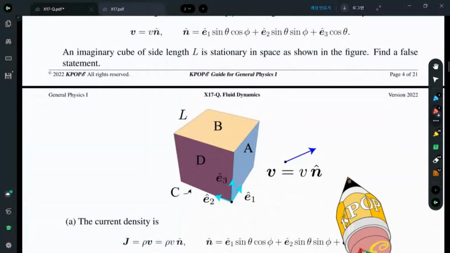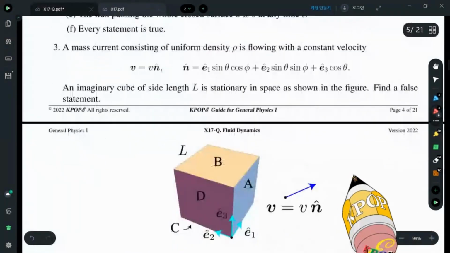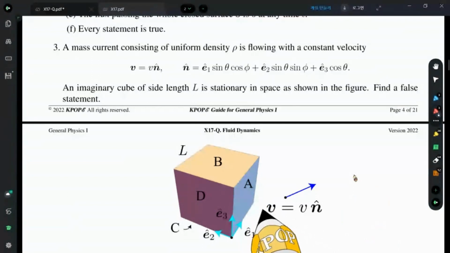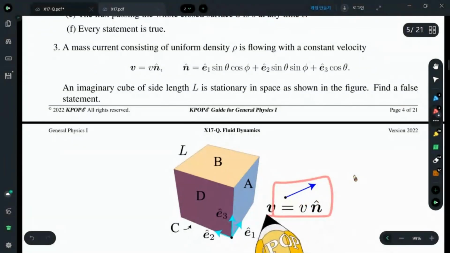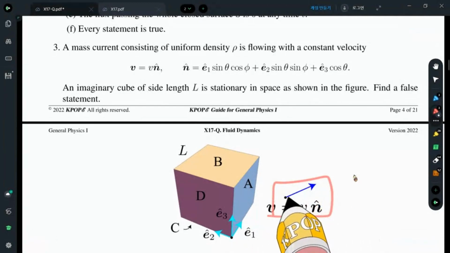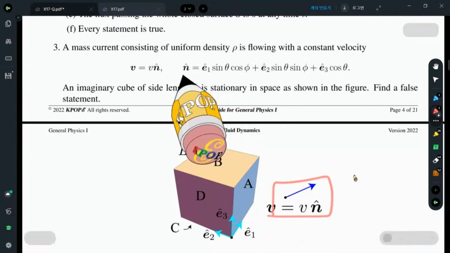Okay, next one is identical to the previous problem, except that the velocity of the flow is arbitrary.